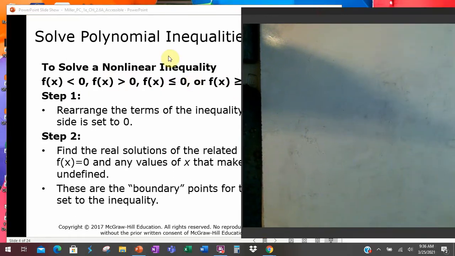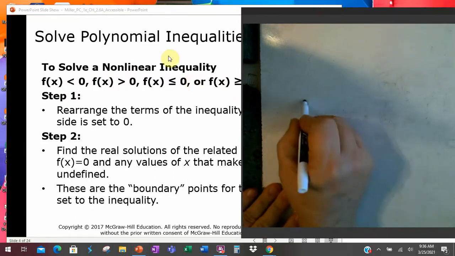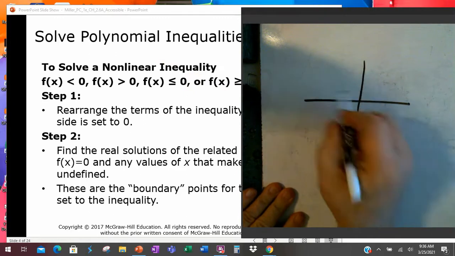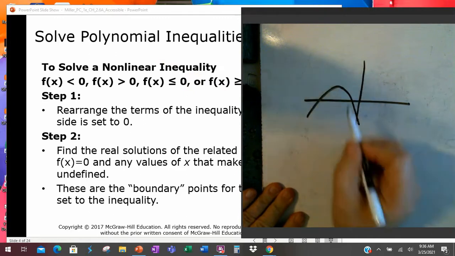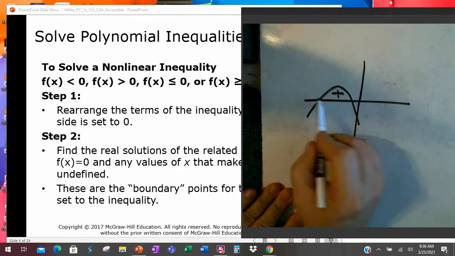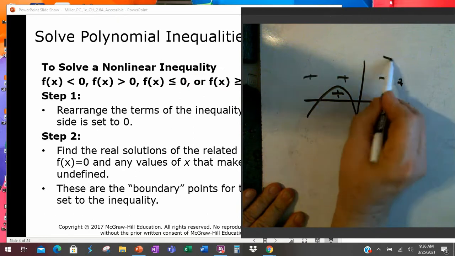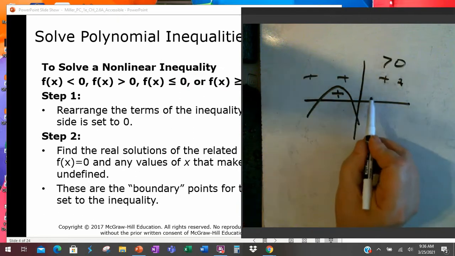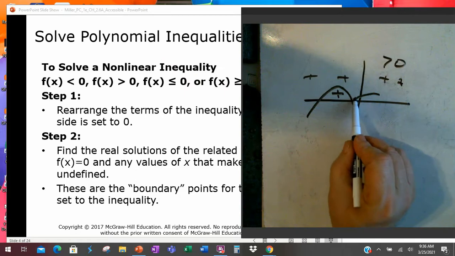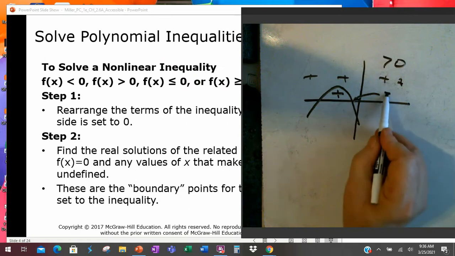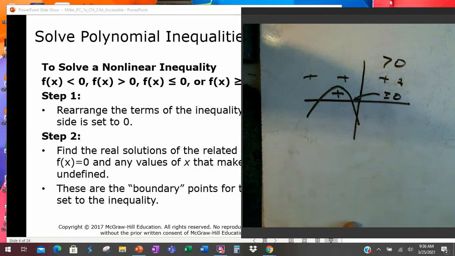Now what we do is just look at things like the graph. When is the function positive? Above the x-axis, this is all the greater than 0. If I include these points, that would be greater than or equal to 0.